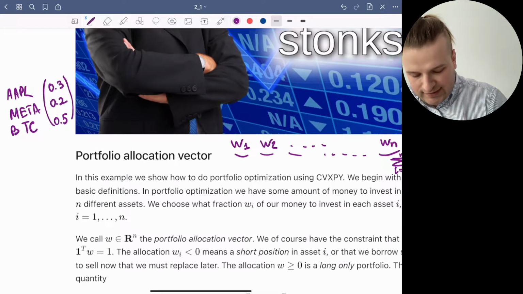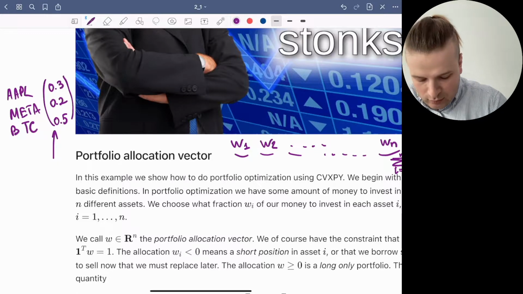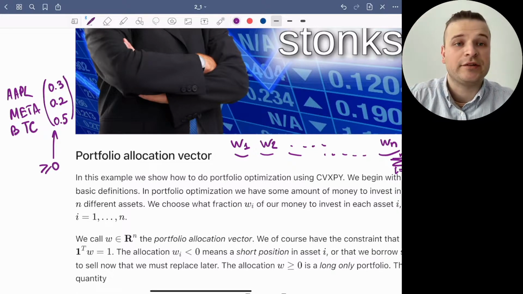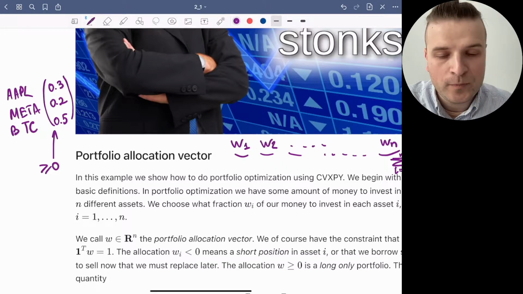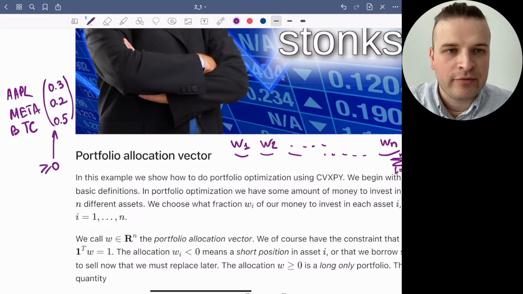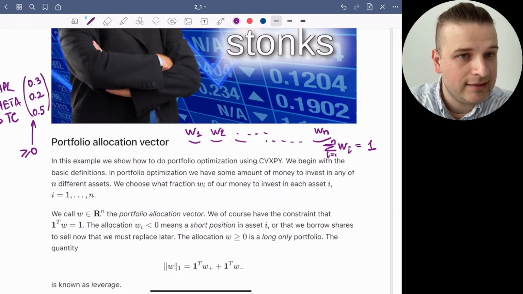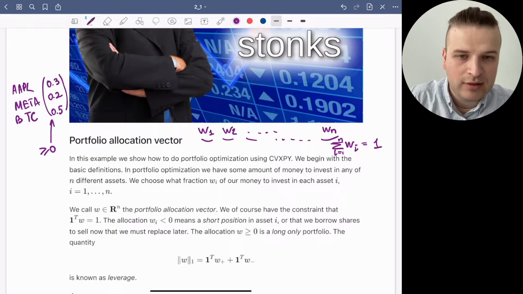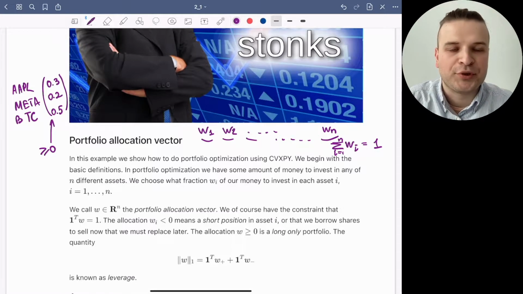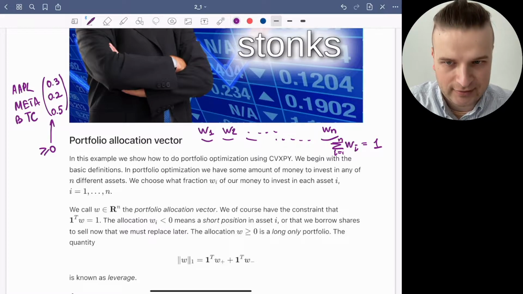Typically, all these numbers are greater or equal than 0, but we'll consider the cases when the number could be negative. And this vector of n numbers, 3 in our example, we'll call the portfolio allocation vector.